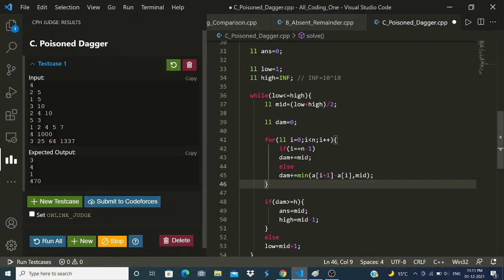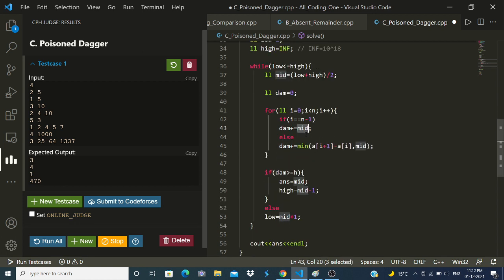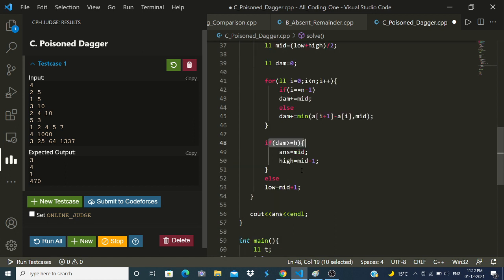So this is what I have done, iterating from the beginning of the array till the end. If I am at the last second, then I will simply add the value of my k. Currently I am considering k to be mid, so just add that to your answer. Else simply add the minimum of a of i plus 1 minus ai comma mid to your damage. At the end, check if this damage is at least h or not. If it is at least h, then yes, your answer can be mid.